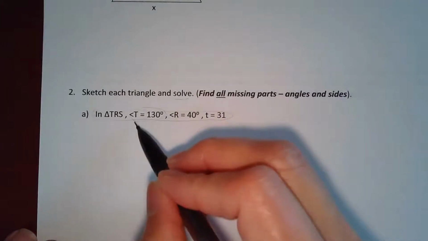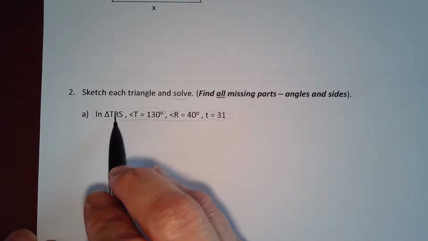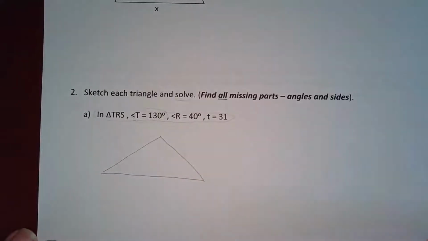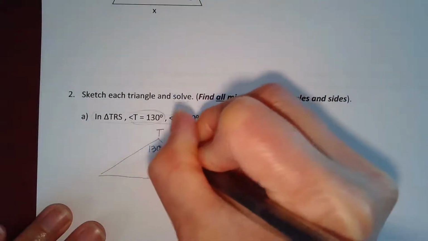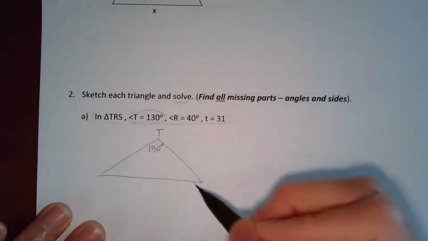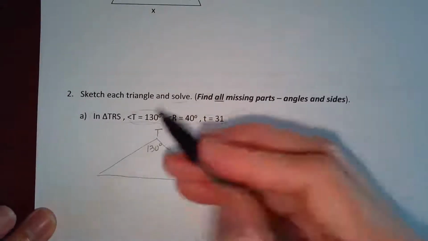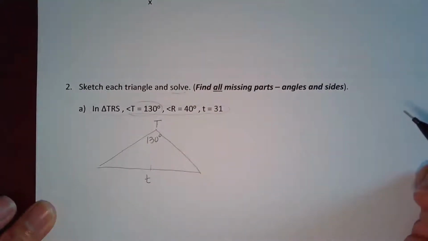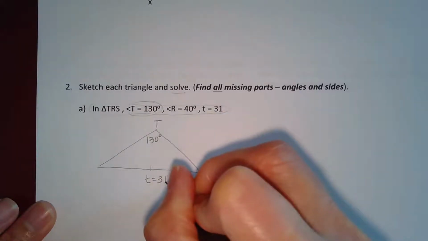Our triangle will have vertices TRS, so just draw a triangle TRS. Angle T is a really big and wide angle, so we can call this angle T. That's our 130 degrees. It doesn't have to be exactly 130 degrees, you can just sketch it. If this is angle T, then right across from that is side T, which they said is 31.